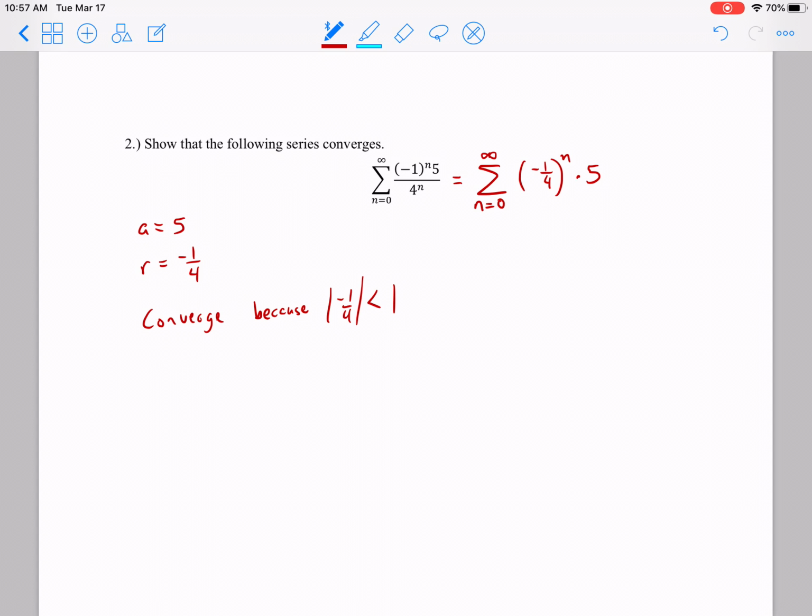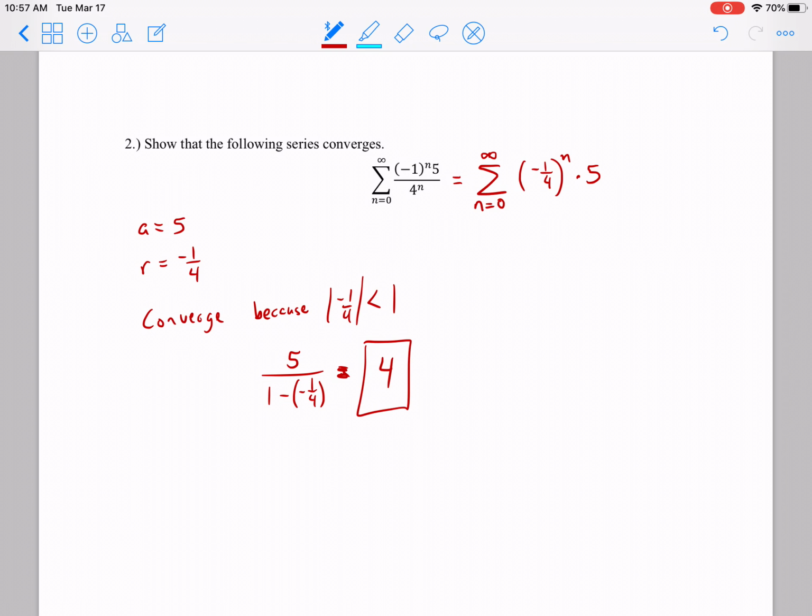And then we can figure out what it converges to by doing that a over 1 minus r, which, just for time's sake, I'm going to leave for you to do that little bit of math, but you should get 4. Okay, 5 over 1 plus 1/4.